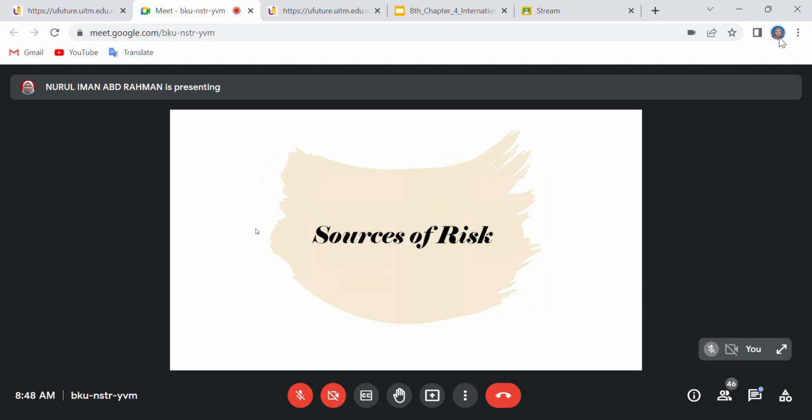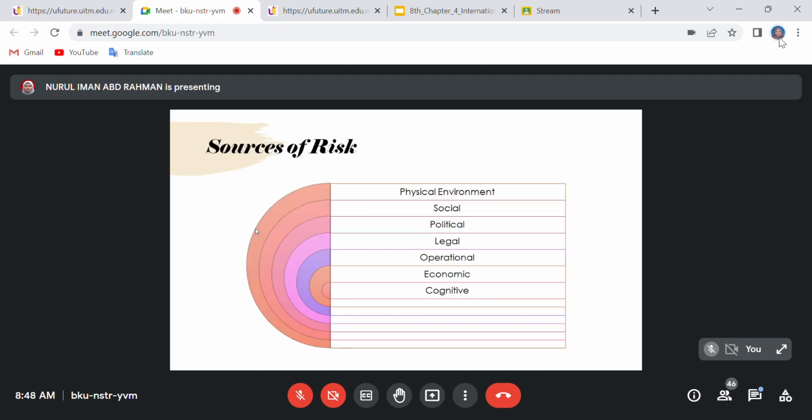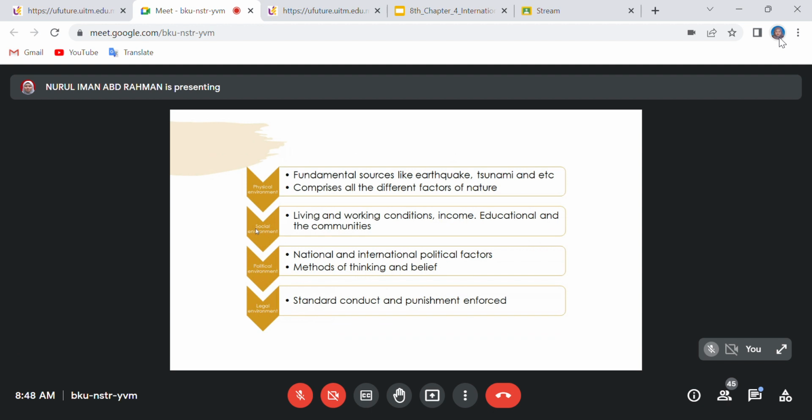Next, we will go to the sources of risk. There are seven sources of risk where you can find risk: physical environment, social, political, legal, operational, economic, and connective. Let's go to the first one, physical environment. This is where you can get the source of risk from your surroundings, your environment, like earthquake, tsunami.